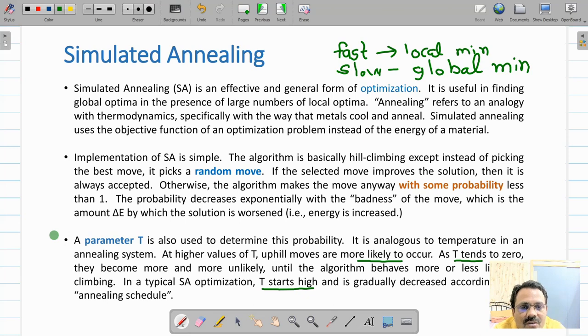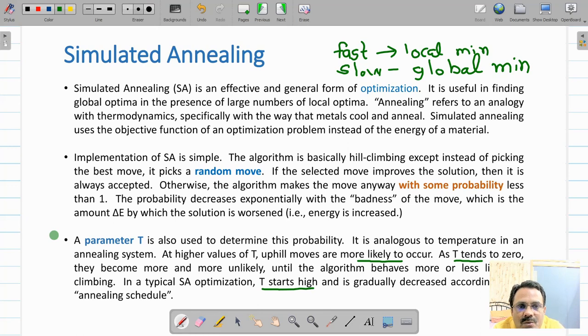If it is too slow, what will happen? A lot of time will be wasted in computations. So it should not be too fast, and it should not be too slow. If it is too fast, you will get a local minimum point, and the algorithm will be as good as your hill climbing search algorithm.